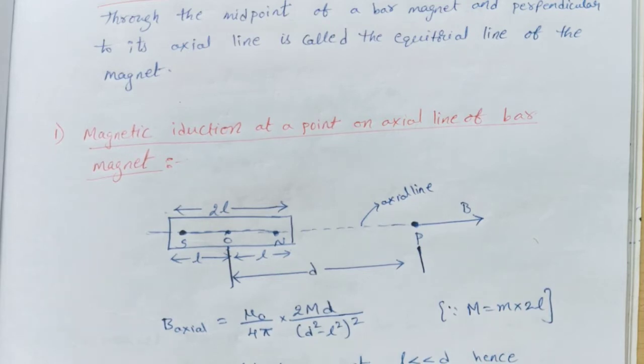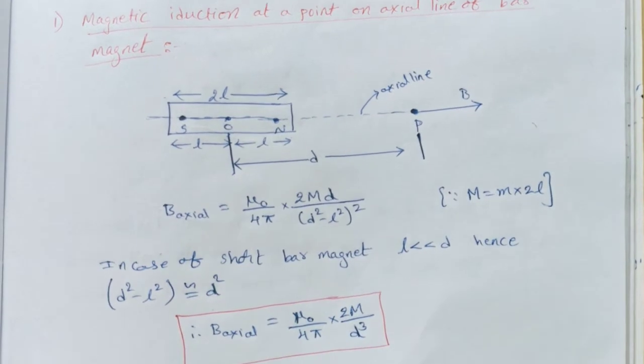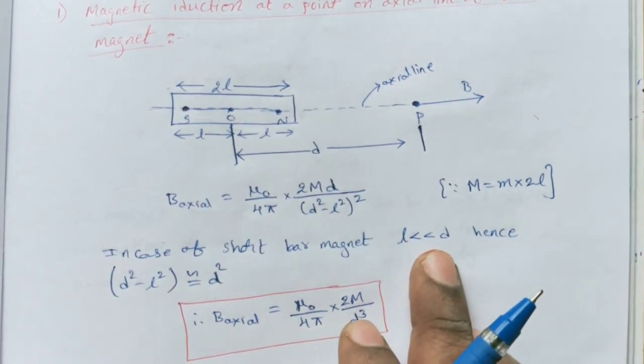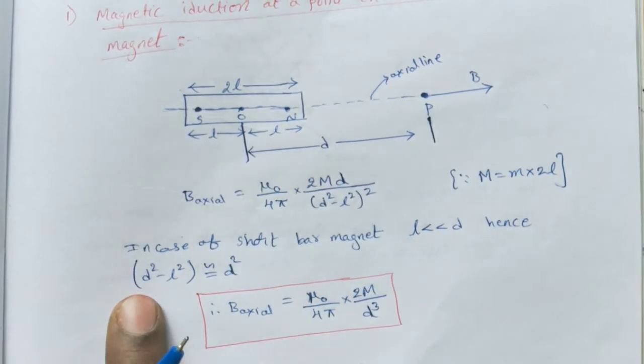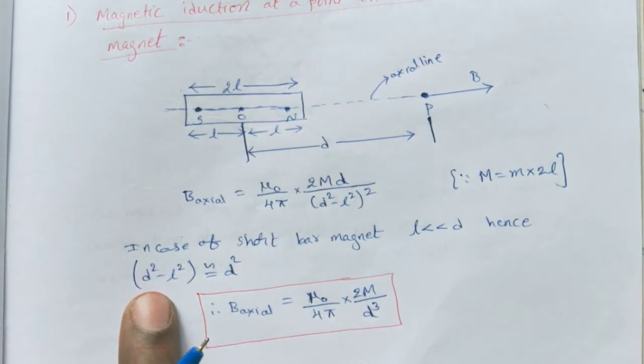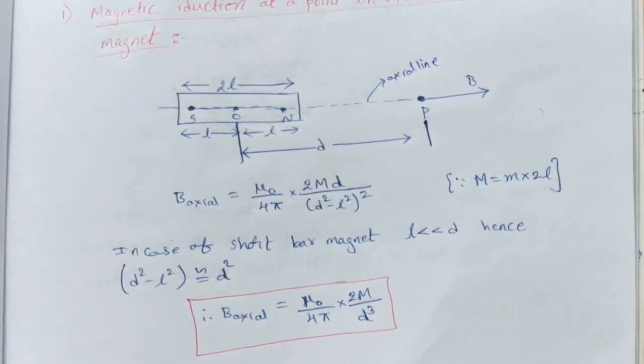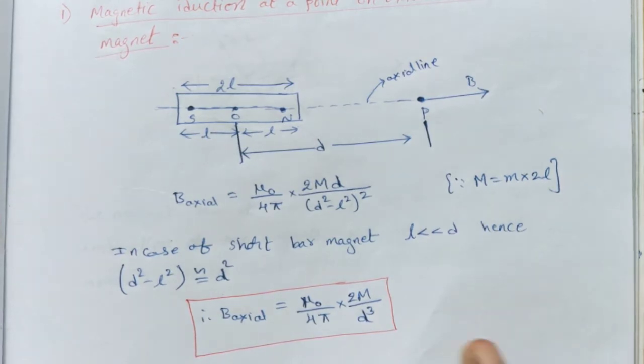So one small application we are observing here. If L is very much less than d, then in the denominator we have d square minus L square, which can be taken as just d square. So d square minus L square is approximately d square.